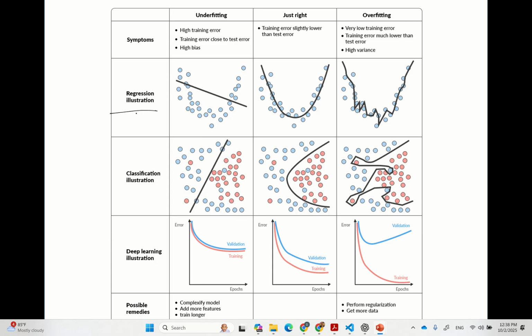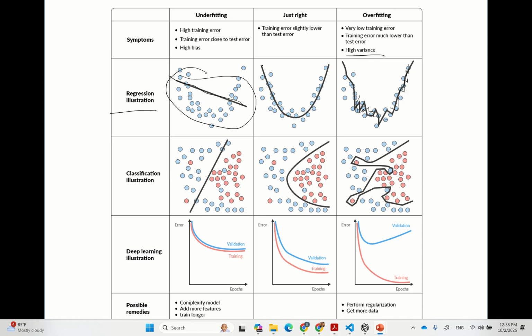So in regression, similar to the previous example, here we're underfitting, so here we have high bias. This linear regression model is not capturing the pattern here. Overfitting is when we're going after every single observation. Here we're reducing the bias, but we have high variance.